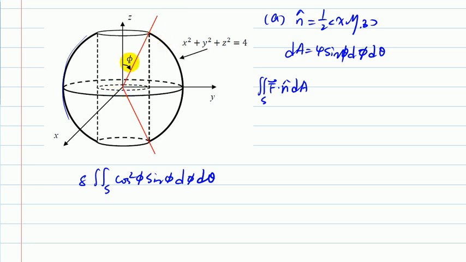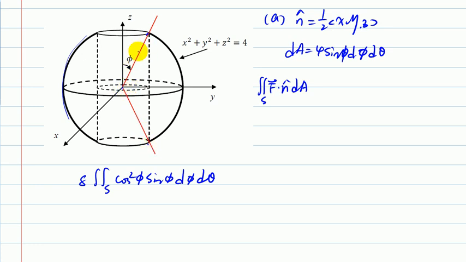Phi is defined as the angle between the z-axis and your radiating line. The minimum phi angle is determined by the point between here and here, and the maximum phi angle by the point between here and here.